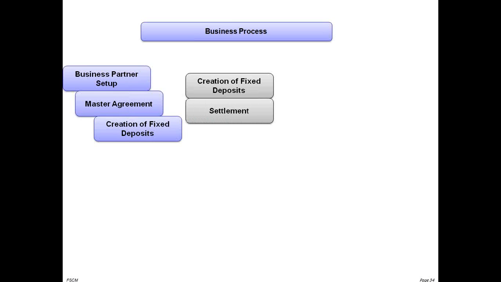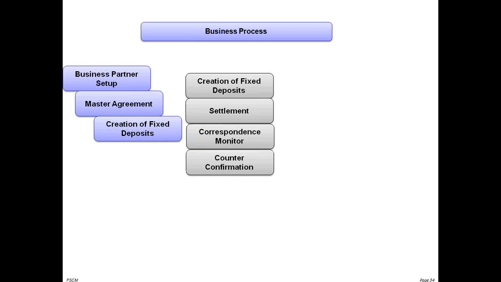Settlement means, if I am going to invest in a fixed deposit of 1 year for an amount of $10,000 from my company, unless and until I do the settlement, it cannot be released for postings. If you want to do postings against a specific fixed deposit, we are going to learn about settlements, how to maintain a settlement and the correspondence monitor, how to use this monitor, and whether any backend settings are required here; we'll be discussing that.